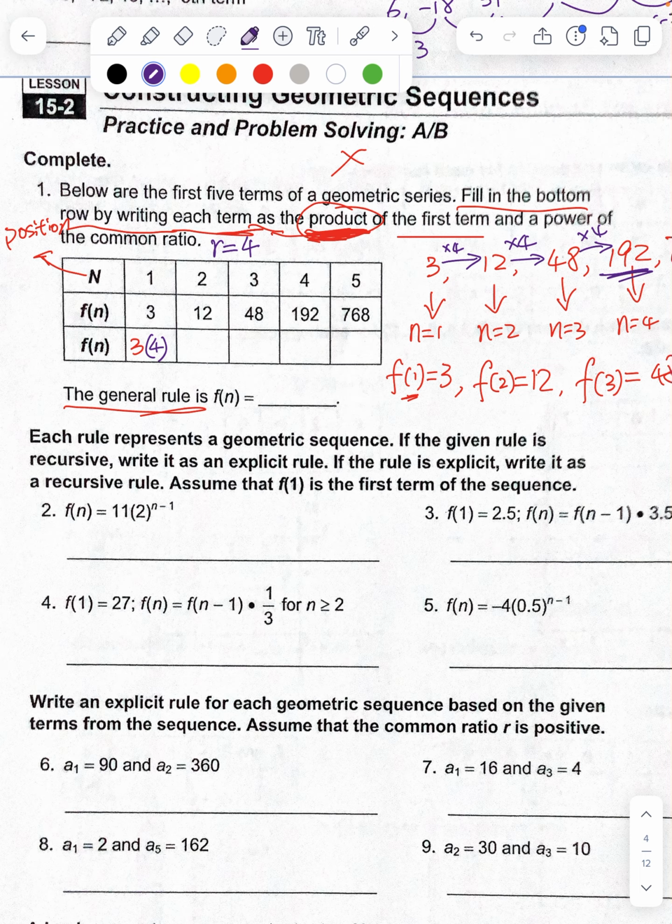What's the position? What's the power? 3 multiplied by what equals 3? Multiplied by 1 equals 3. But I have 4. 3 times 4 is 12. How do I change the 4 to 1? So the power must be 0.